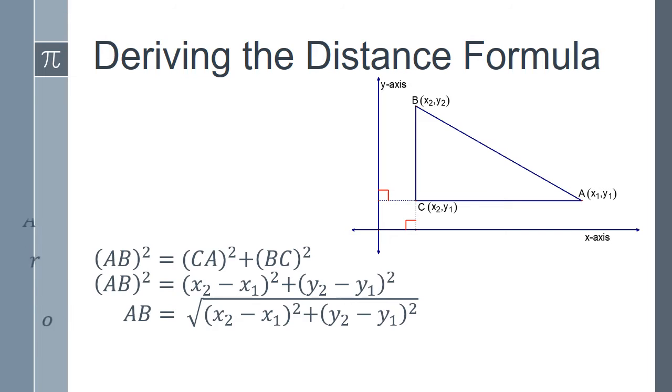And there's the distance formula. That last line is delta x squared plus delta y squared: the change in x squared plus the change in y squared, take the square root of that.